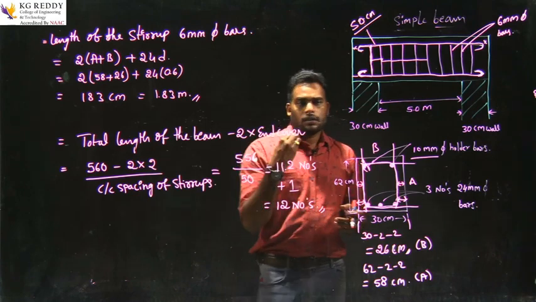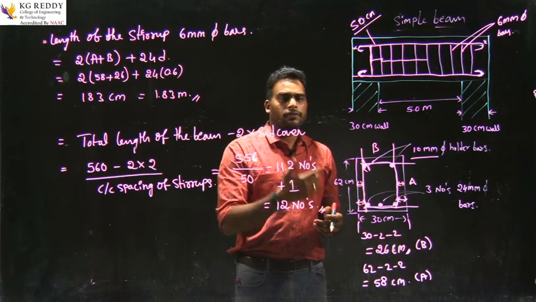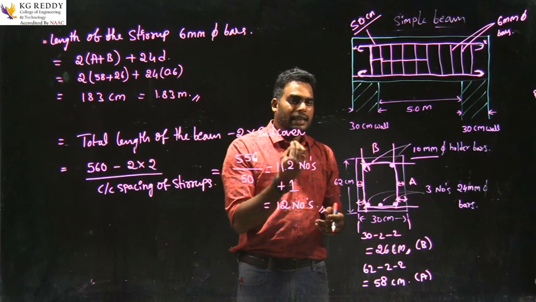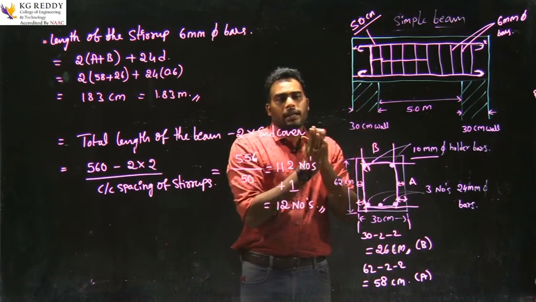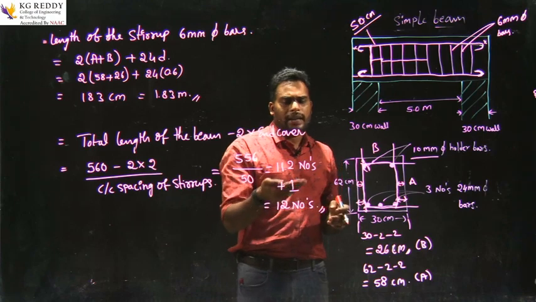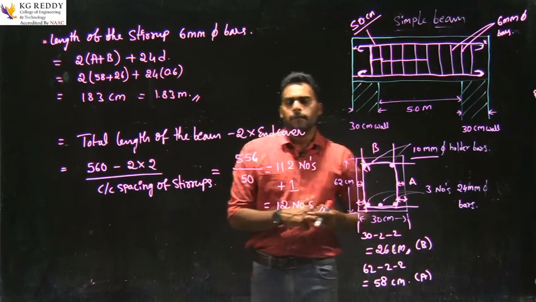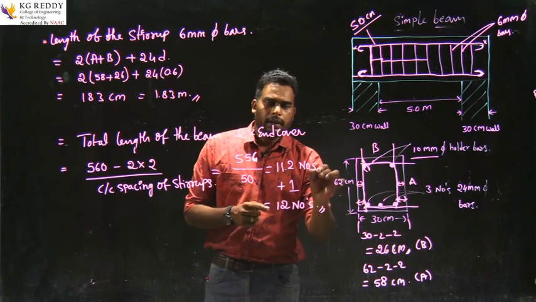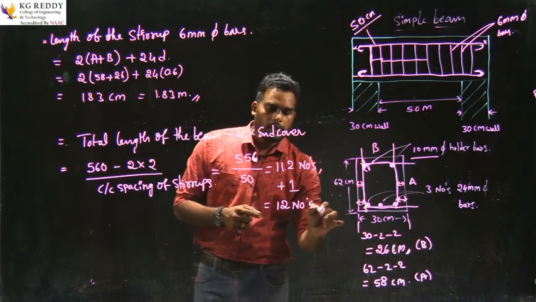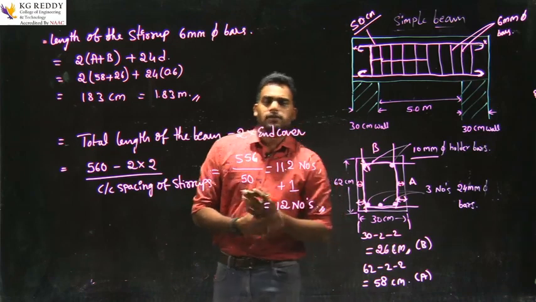If we add one stirrup less, the strength of the beam will be less. If we add one extra stirrup, there is no problem. That's why we add one additional stirrup. So in total we get 12 stirrups.